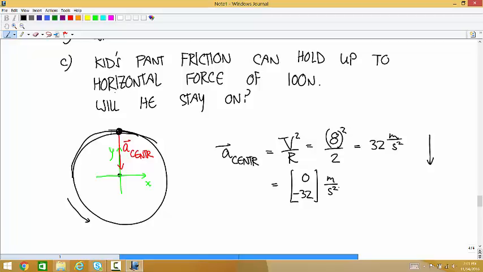And now we have to think about the tangential acceleration. So to do that, we'll draw the velocity vector, which is tangent to the circle, tangent to the path. And if he's speeding up, is the tangential acceleration in the same direction or opposite direction of the velocity? Same. So this is also the direction of the tangential acceleration.